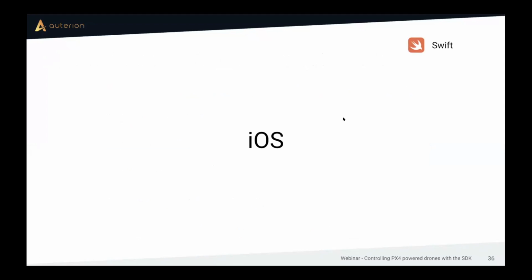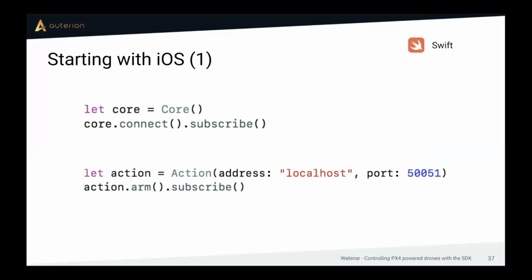We've seen Python, quite easy. Now let's have a look at iOS. iOS is a bit different in the sense that it's an asynchronous API. It looks like you give a callback to the API and you receive events in return. But instead of doing that, what we do here is we use streams.